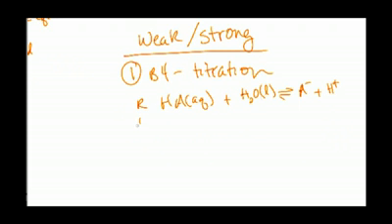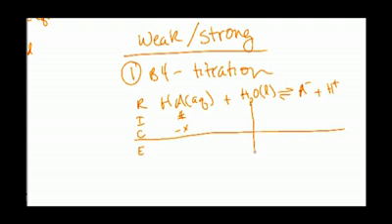And then remember, initial, change, equilibrium. This should be some number that's given. Then this will be minus X. That's nothing. And then that would be nothing usually, X. So you end up with some number minus X there.